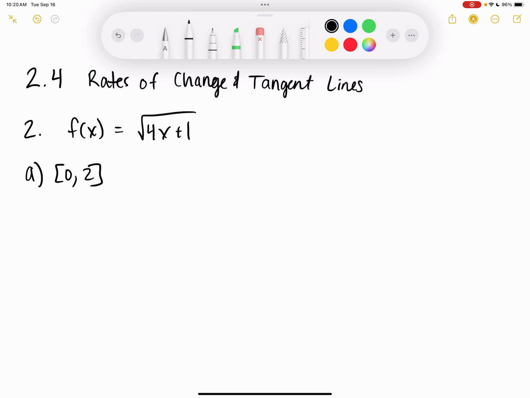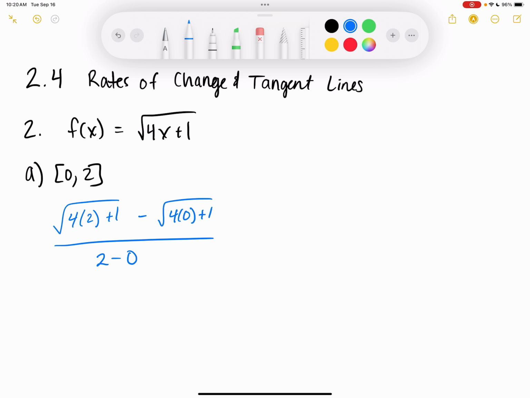So we'll do the square root of 4 times 2 plus 1, minus the square root of 4 times 0 plus 1. When you're plugging in a 0, I don't care if you actually show that or just get rid of it, but for right now, for seeing it, I'll put it over 2 minus 0.